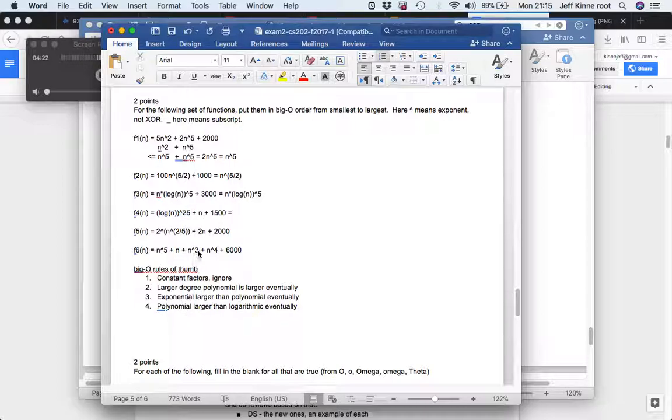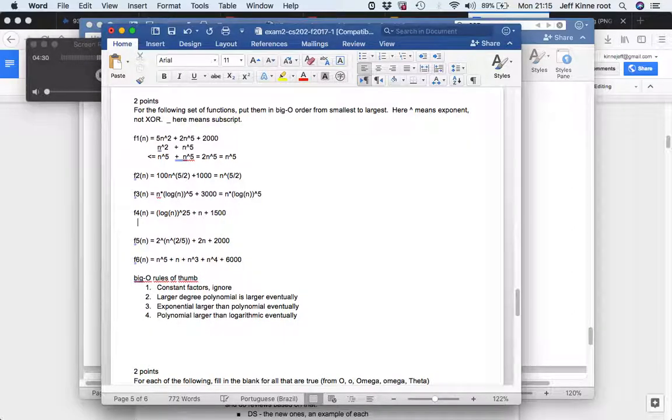Polynomial means n to some power, in particular n to the 1 power. So what this means is, we could say in terms of Big O, eventually this log n to the 5th is going to be smaller than n. And we would have still our n there, and this plus 1,500 doesn't matter, it's adding on a constant.